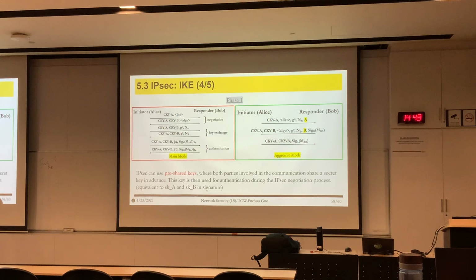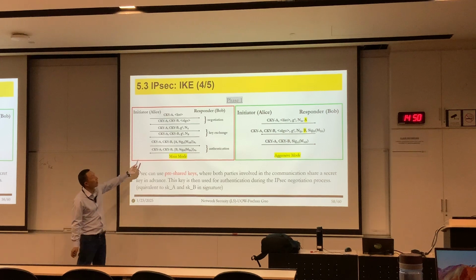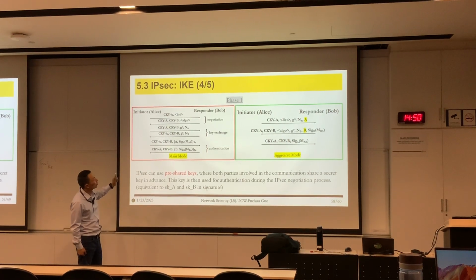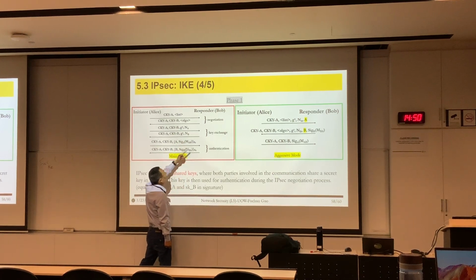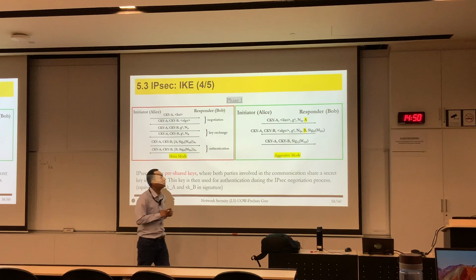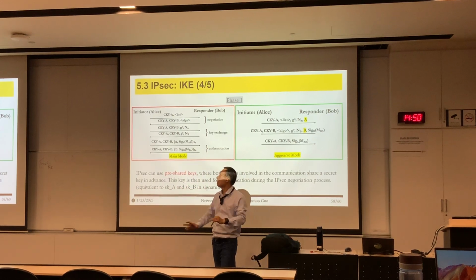Well, it's true, but I would like to highlight that the purpose of having this IKE protocol is that the final secret key is related to g^(xy). It's related to g^x. It means that the final key for communication will be fresh.